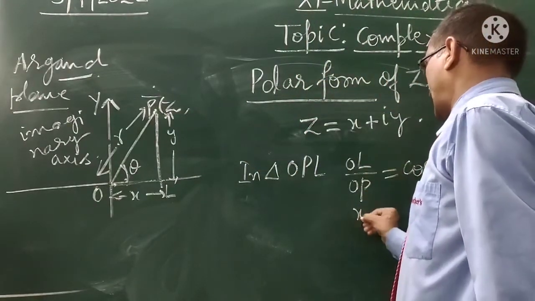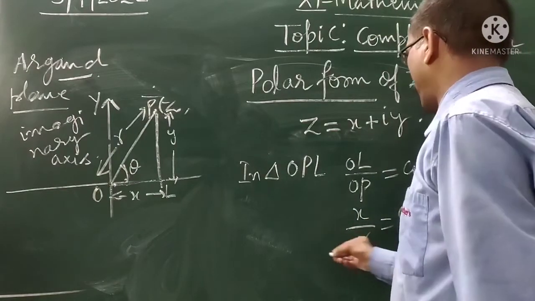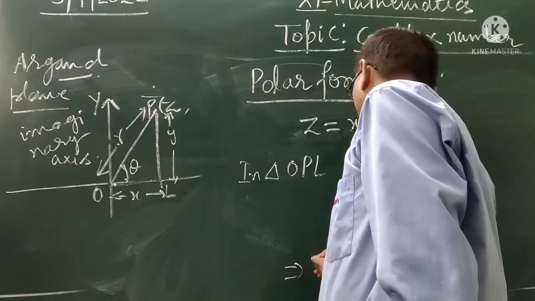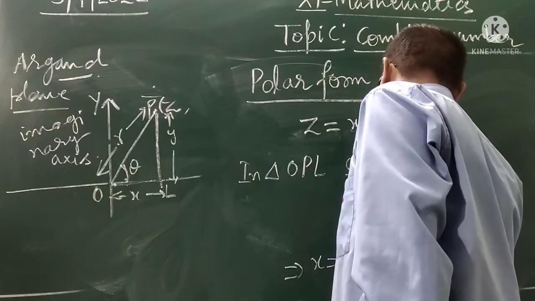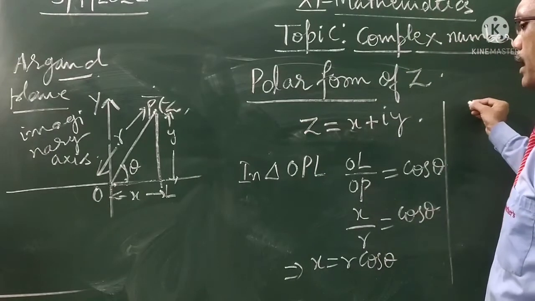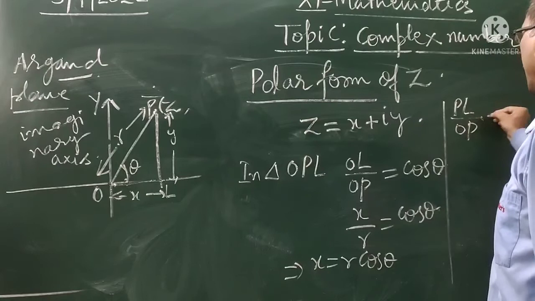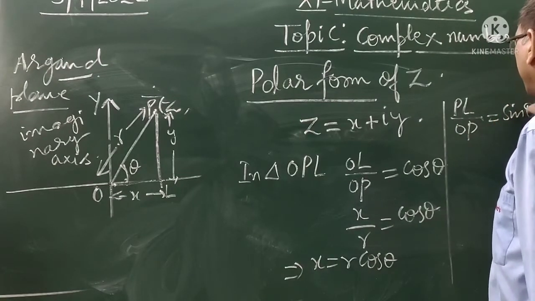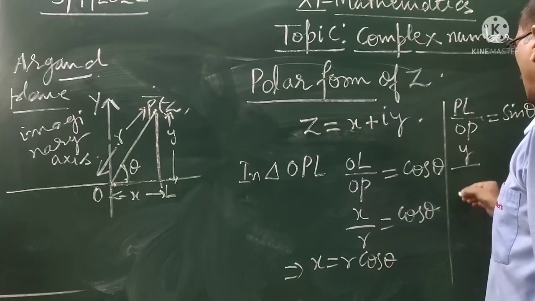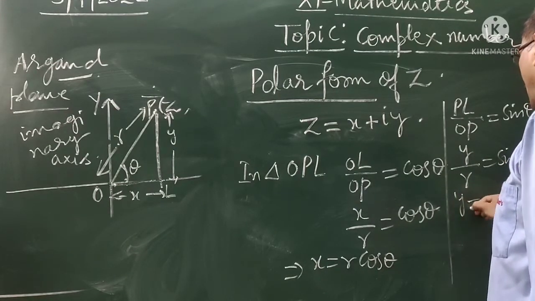OL is x, OP is r, so x equal to r cos theta. Similarly, PL upon OP is sin theta. PL is y, OP is r, so y equal to r sin theta.